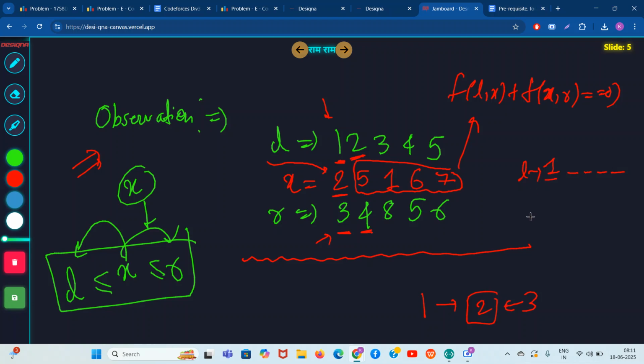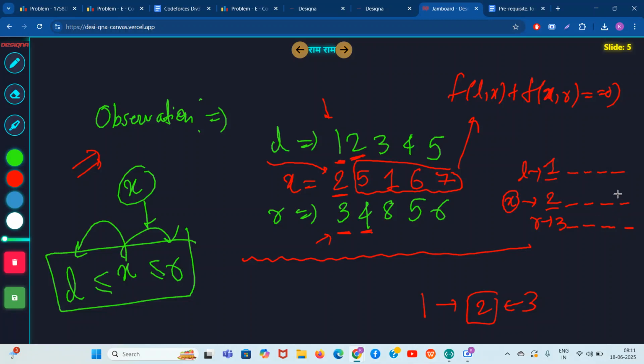This is your L. And I know this is a 5 digit number starting at 3. But there is a very striking observation here, that you can bring a middle number x, which is a 5 digit number starting at 2.